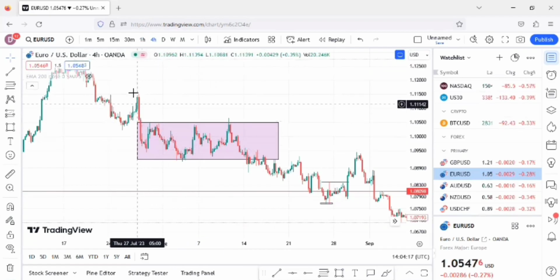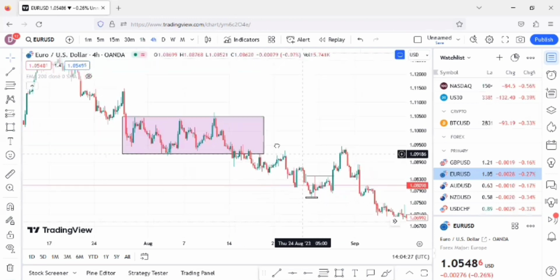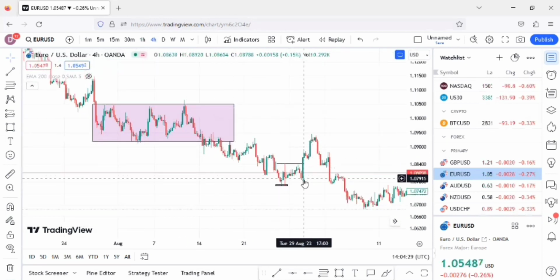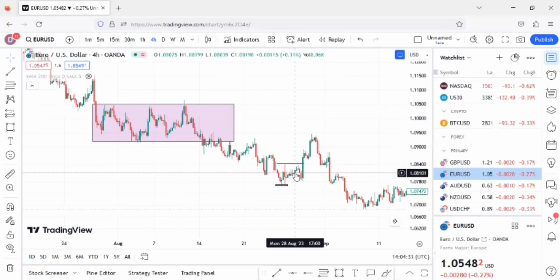The moment it enters this box, it begins to consolidate, moving up, moving down, until there was a break here. And what do you have? Continuation. So that is an example. You can spot many of them.